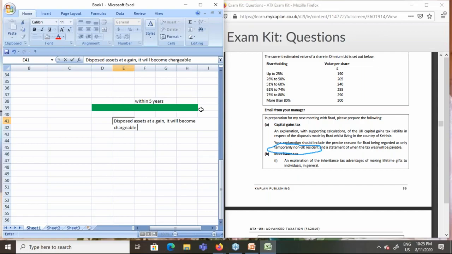Not at the time of disposal, but within 5 years, once you return to the country, the moment you return to the country, you will have to pay CGT on such gains, though you were non-UK resident during that time period.